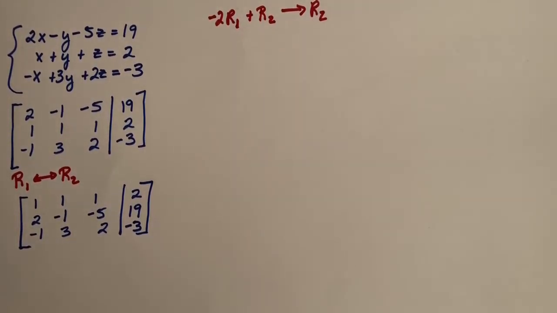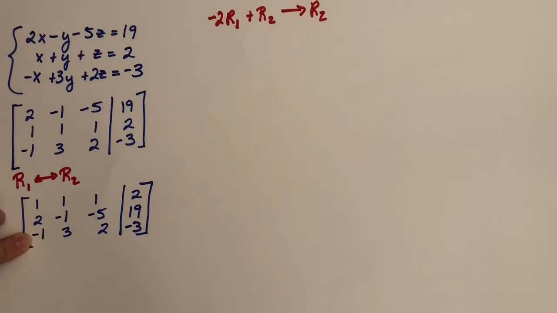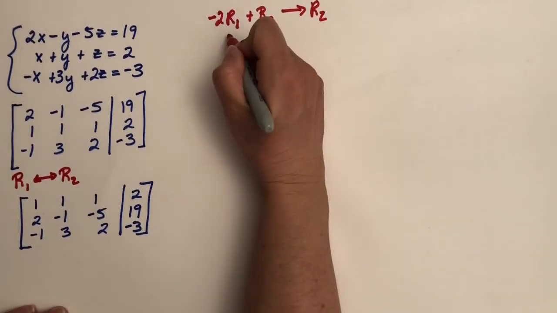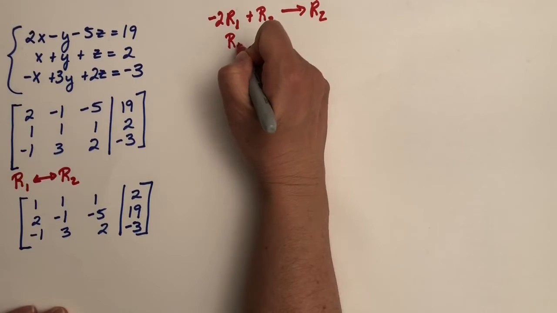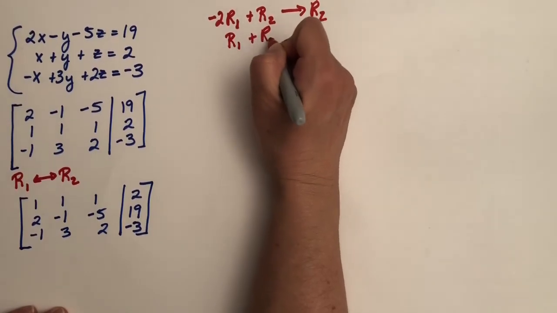Turns out I can take care of this entry at the same time, so why don't I? Notice I can make this a 0 if I add row 1 and row 3 together and write it in row 3. So we're going to do both of those things in this next step.